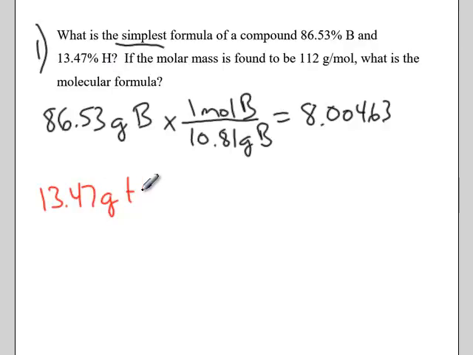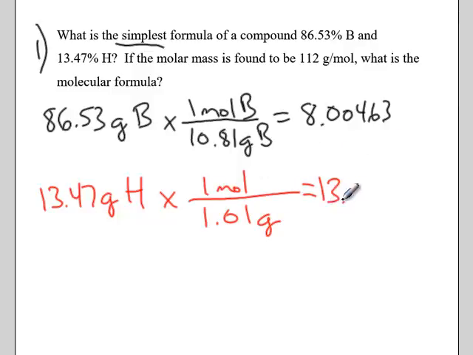13.47% hydrogen, so I change that to grams of hydrogen. Find hydrogen on the periodic table, 1.01 grams per mole. So I have 13.3366 moles of hydrogen.